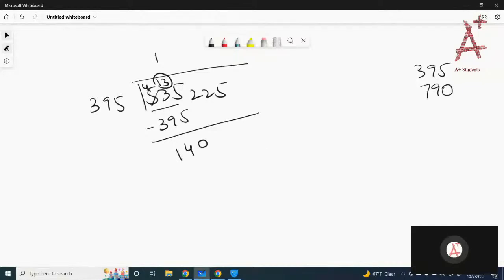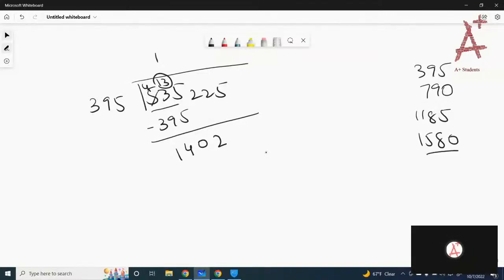Got it? Now you need to bring the next digit down, bring the 2 down. Now let's see which number is less than 1402. 395 times 3 is 1185, and 395 times 4 is 1580.